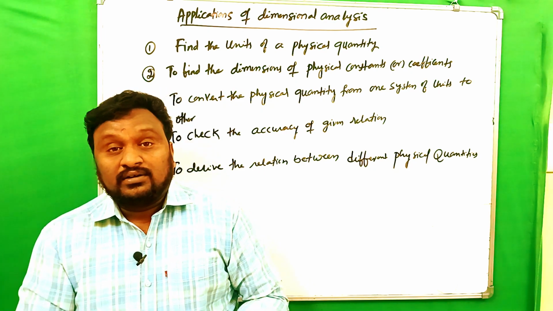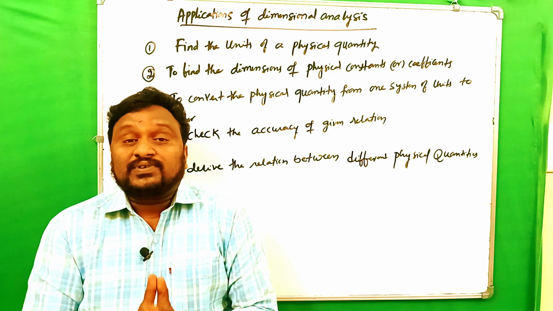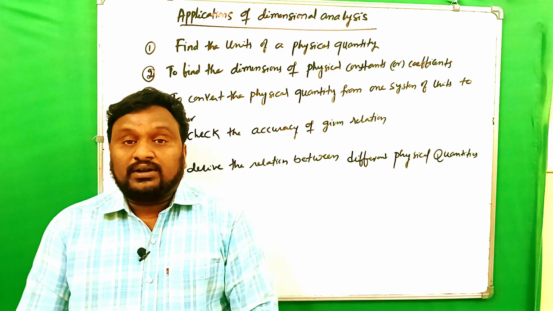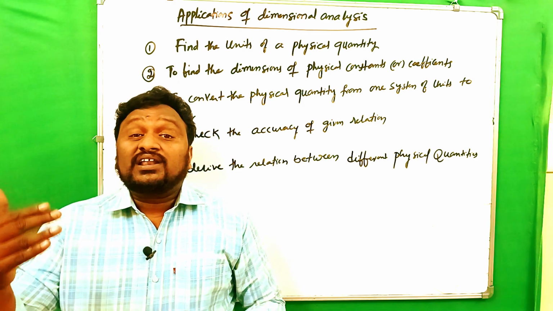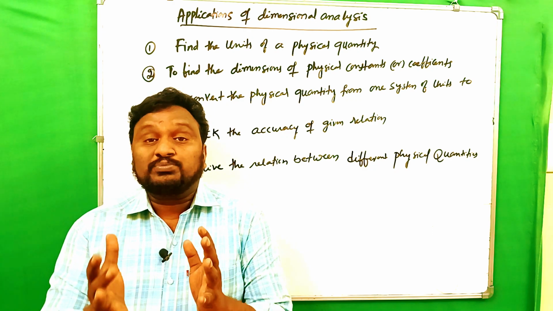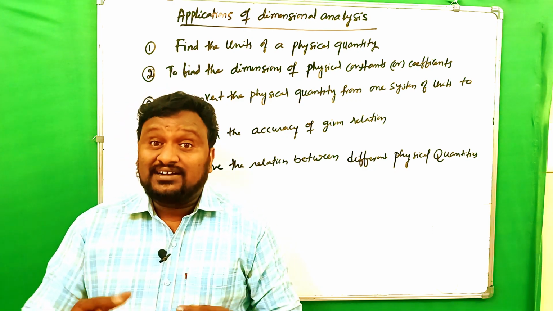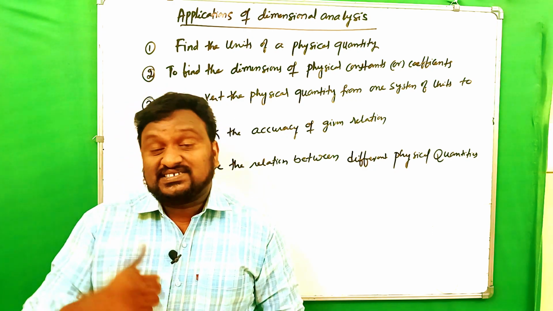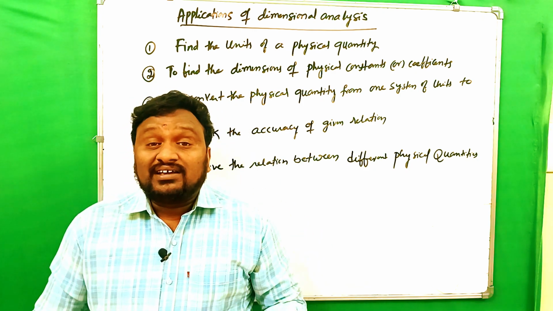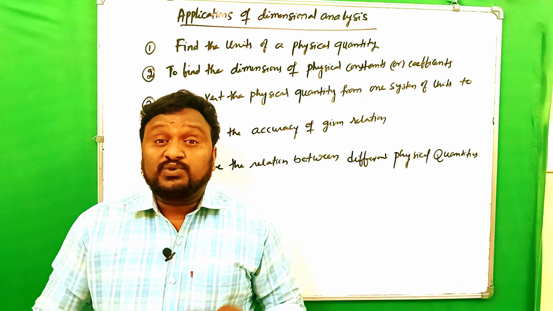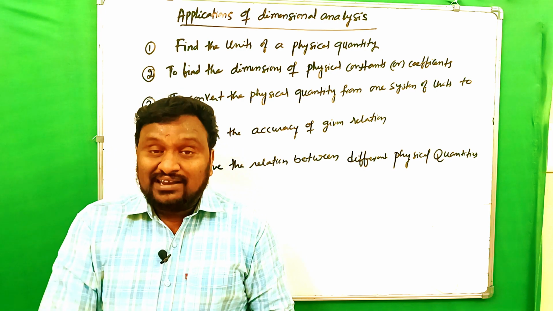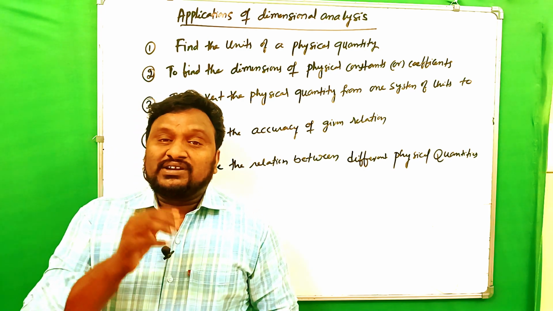And third, to convert physical quantities from one system of units to another. And fourth, to check whether the given relation is right or wrong. Whether the given equation is correct or not, we have to check by using dimensional analysis. And fifth, to derive the relation between different physical quantities, we are going to use dimensional analysis. So these are the main applications of dimensional analysis.